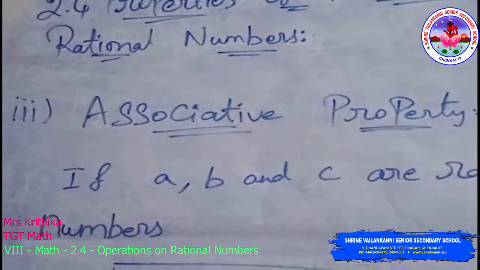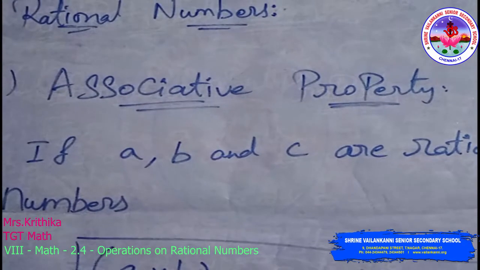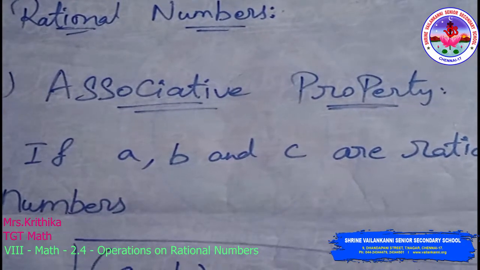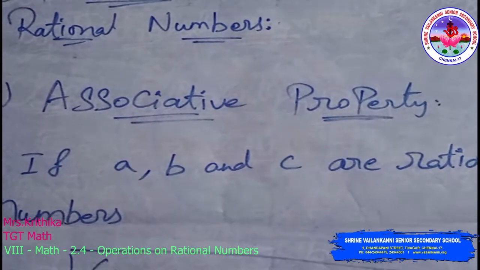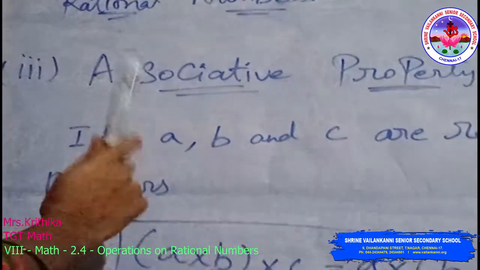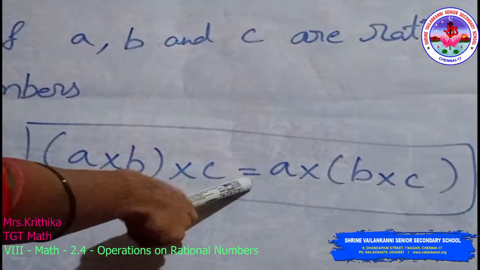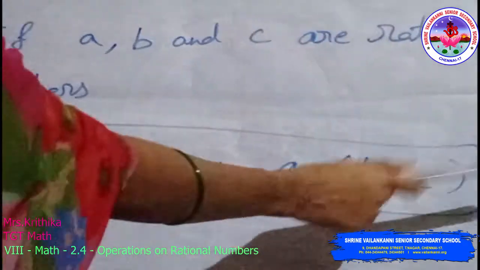The third property, associative property. The product of three or more rational numbers does not depend on the way the rational numbers are grouped. If a, b and c are rational numbers, a into b into c is equal to a into b into c.